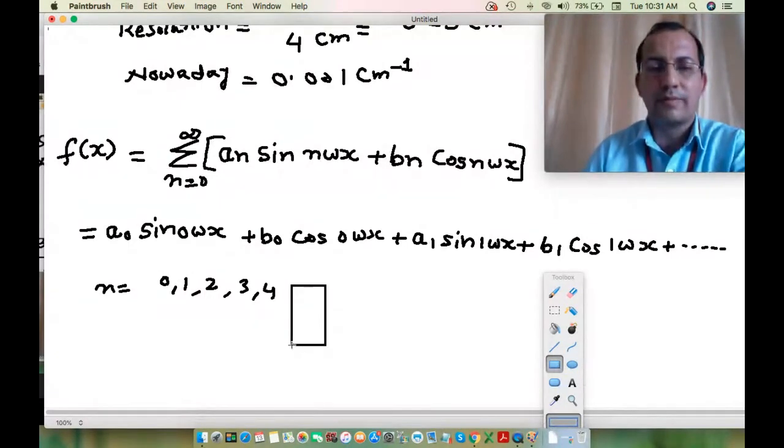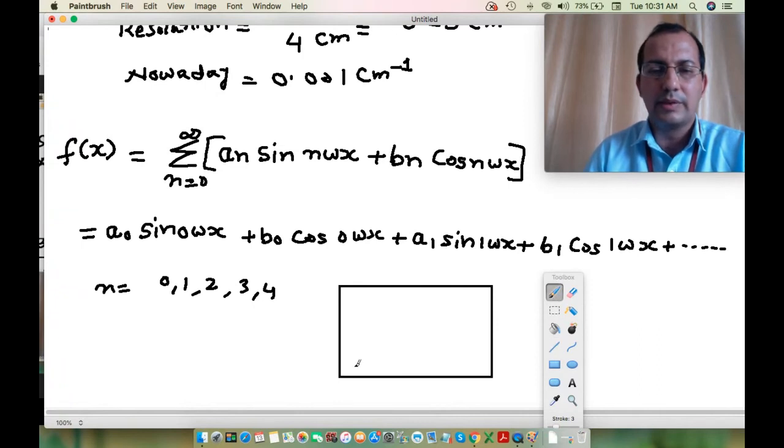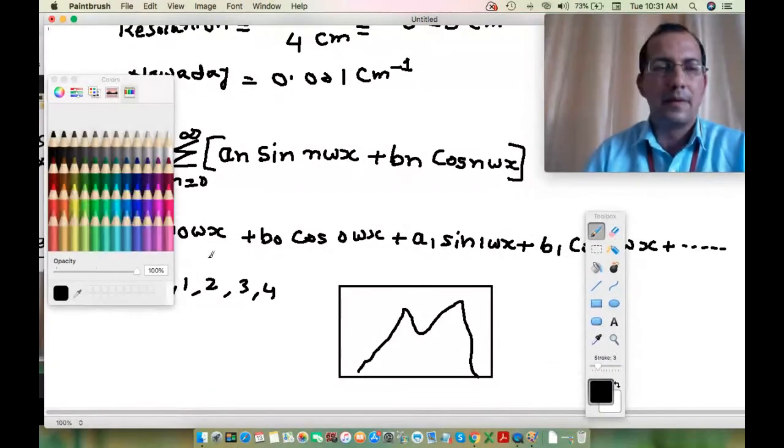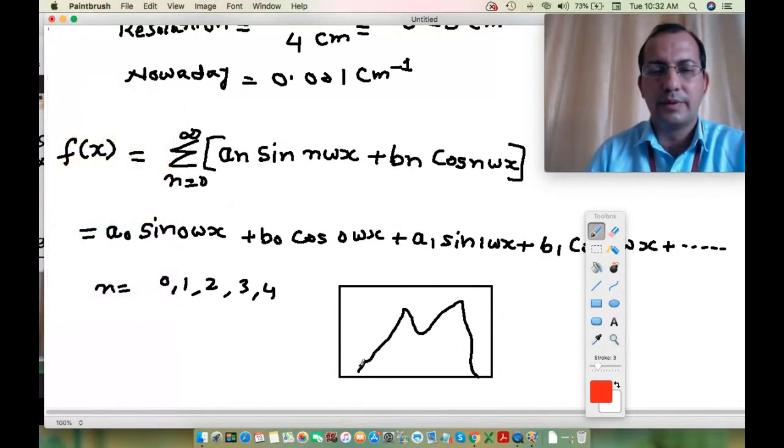For example, if you have a series function like this, and let's say you have a curve like this and I am fitting it, if you have fewer terms, how will your fit look?